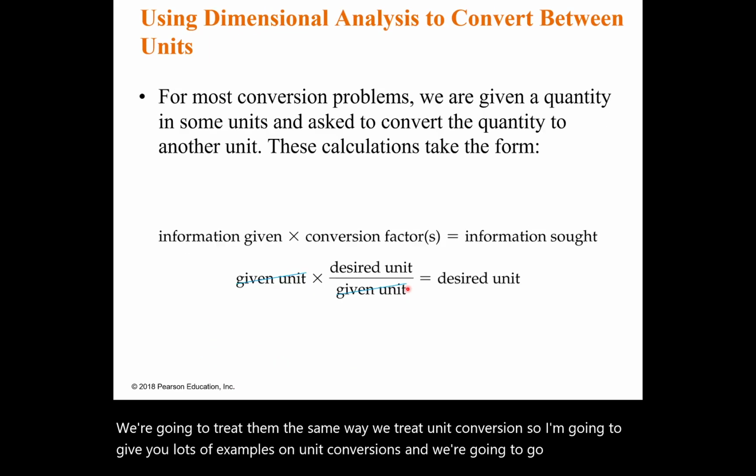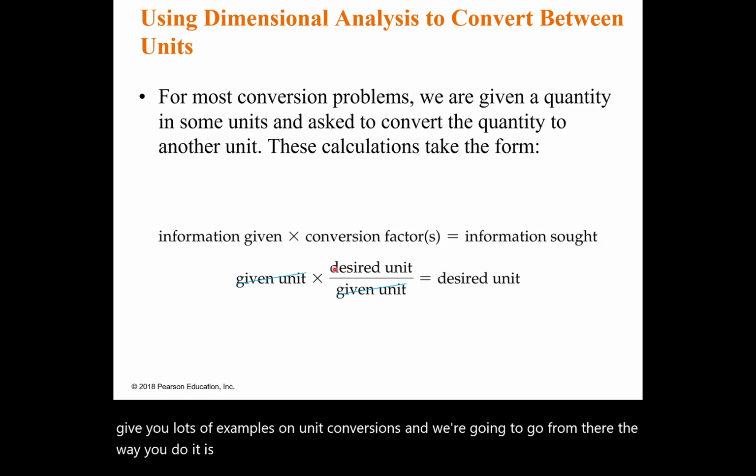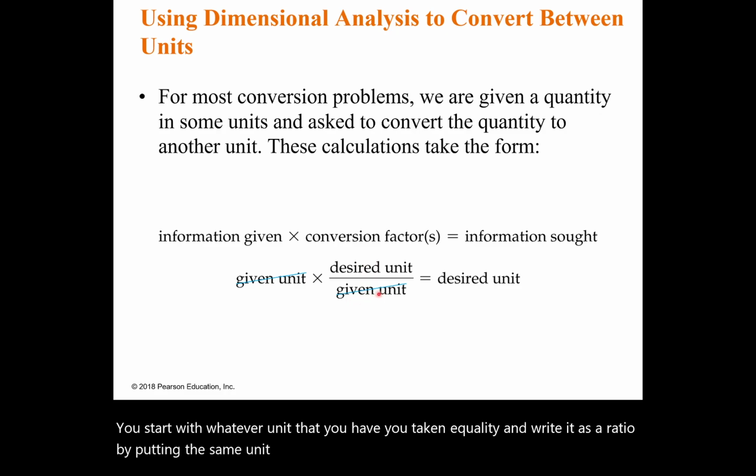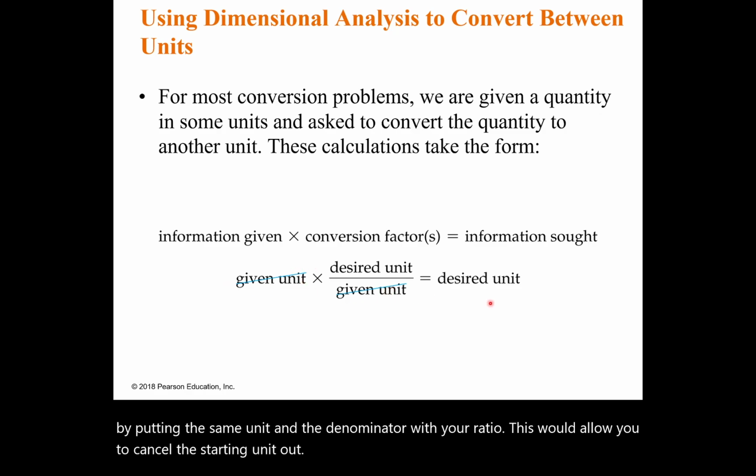The way you do it is as follows. You start with whatever unit that you have. You take an equality and write it as a ratio by putting the same unit in the denominator of your ratio. This would allow you to cancel the starting unit out, and this will get you a desired unit.